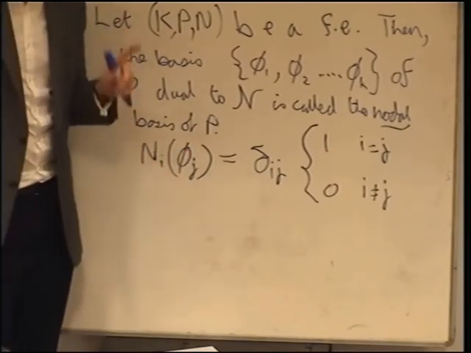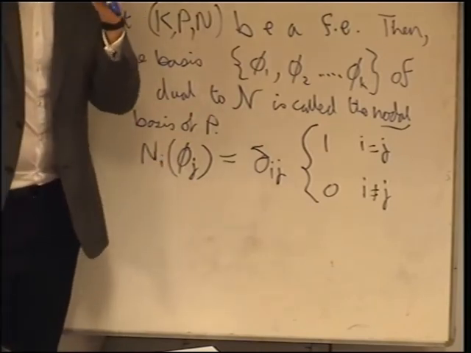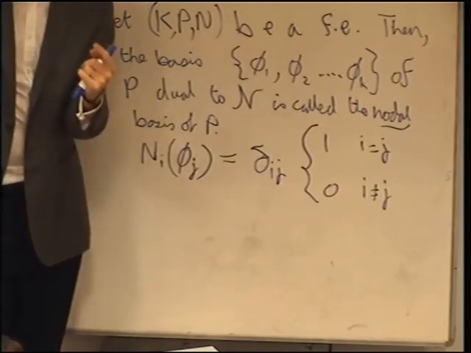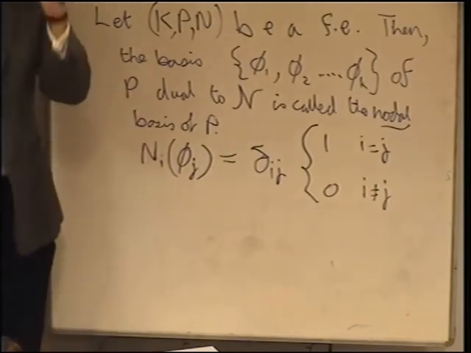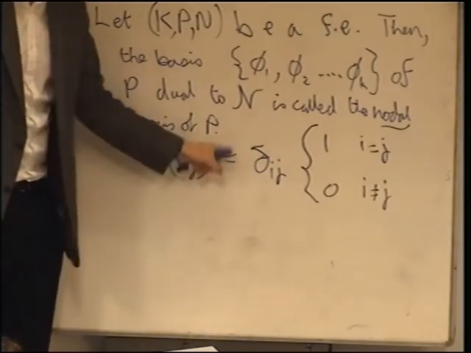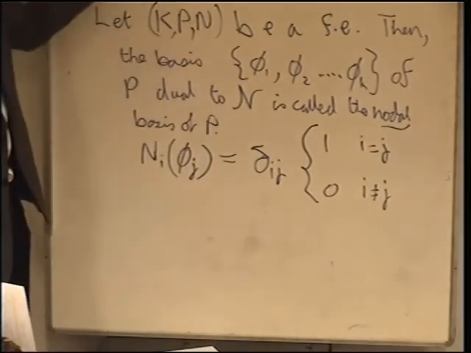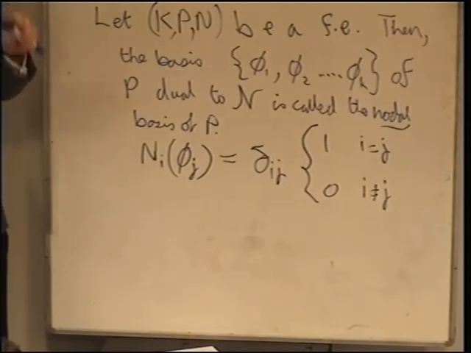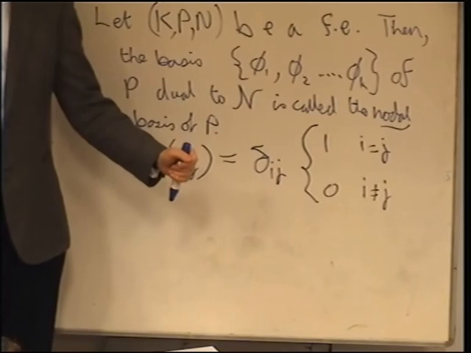So in the case of pointwise evaluation, that literally means that this function takes the value 1 at one of the nodes and 0 at all the other ones, and all the other basis functions take the value 0 at this point. That's what it means to be dual, and that's the important relationship between this dual space, the nodes, and the polynomial space, which enables you to get the polynomial basis functions having decided which nodes you want.